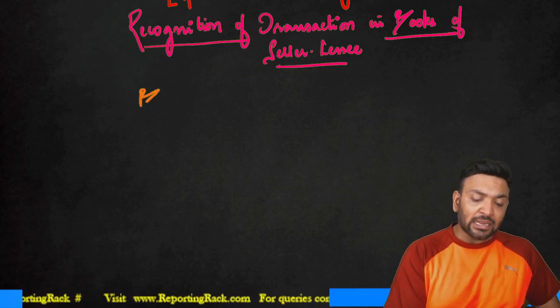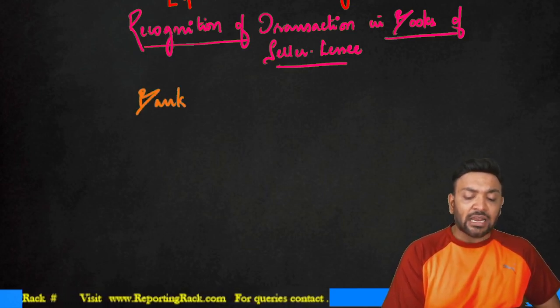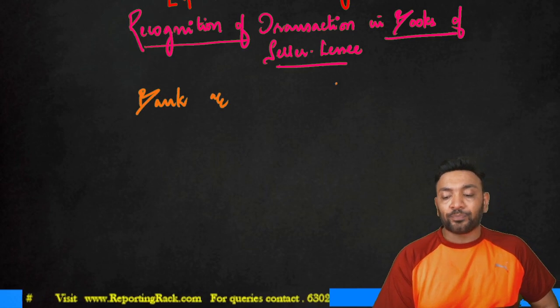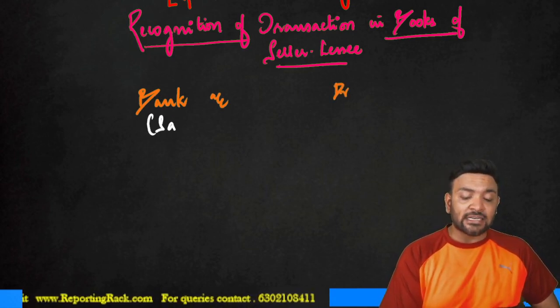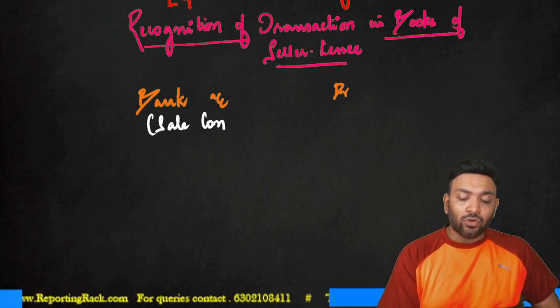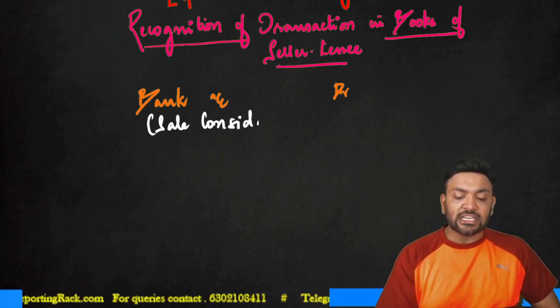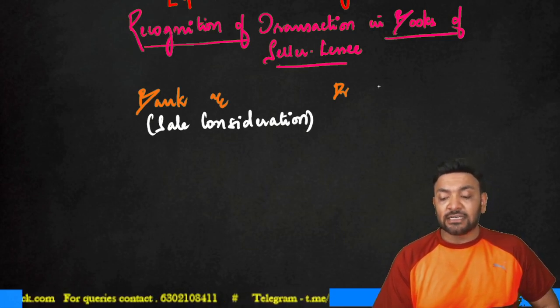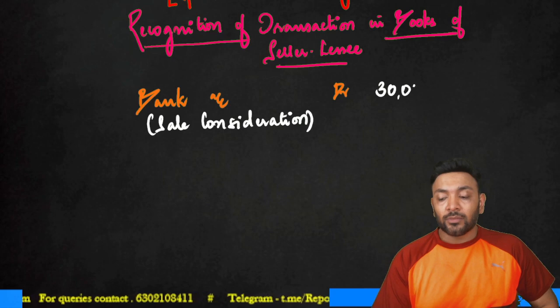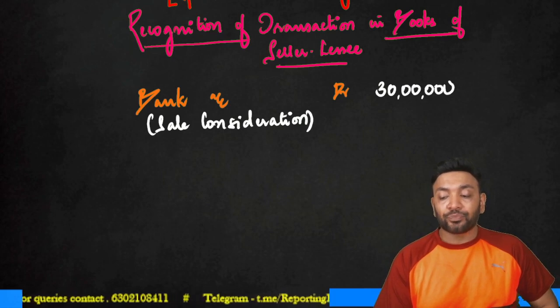First, bank account debit. I've collected certain amount from sale. This is nothing but my sale consideration. What is the value of sale consideration? I already know the value of sale consideration, which is 30 lakhs. This amount I already got it.